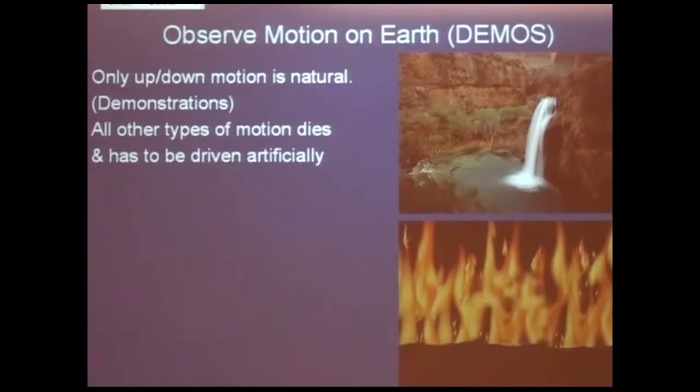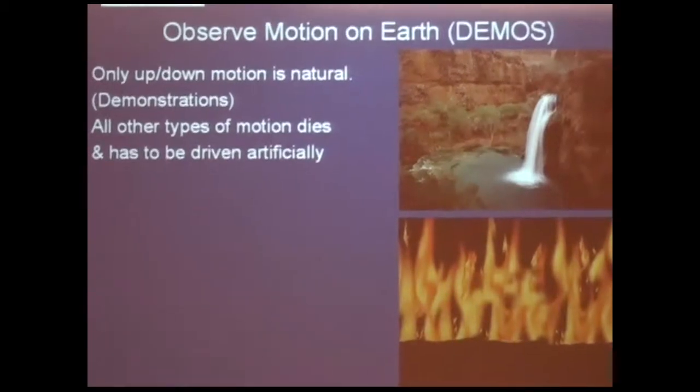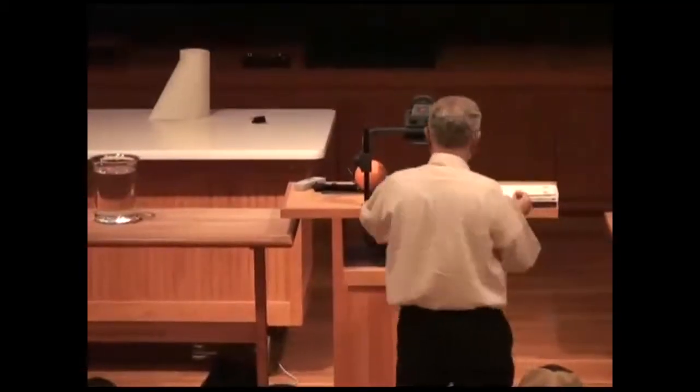Now, assuming that I don't set off the fire alarm, let me show you what Aristotle observed about fire. I'm sure you've all seen a fireplace. In the fireplace, you notice that the flames are always rising.